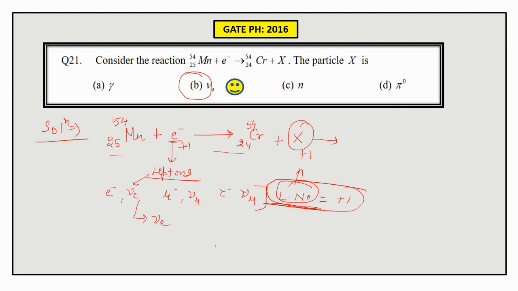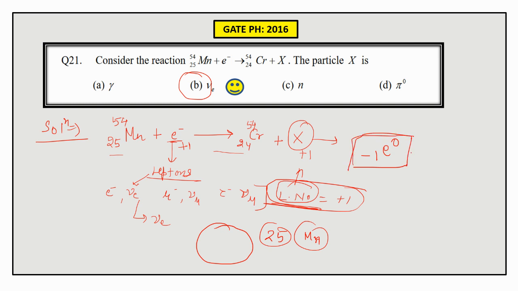I mean, this is 25, na? This is manganese. So from this electron, we generally denote it like this: minus 1, 0. So your mass number and atomic number are always decided by protons, not by electrons. So this 25 is the number of protons. The atomic number is always decided by the number of protons.